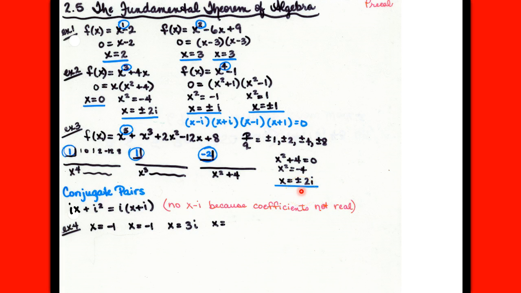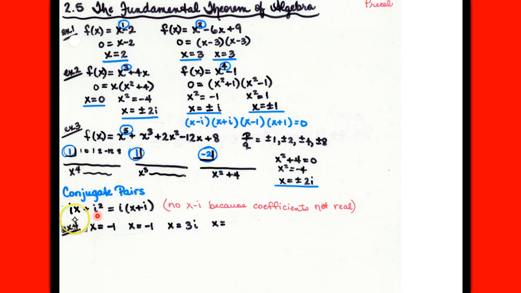The only way that I could have an exception to that rule is if I had some type of funky scenario. Like in the rule it says, let f of x be a polynomial that has real coefficients. That's a prerequisite. Because if I had something like this guy down here, these are not real coefficients, right? They're imaginary.